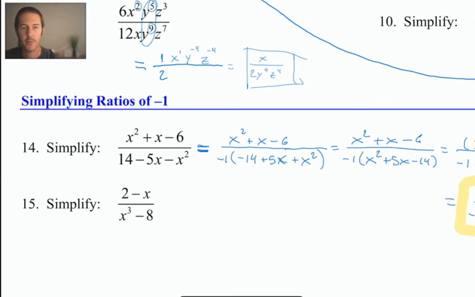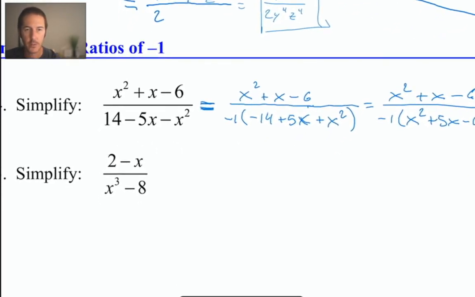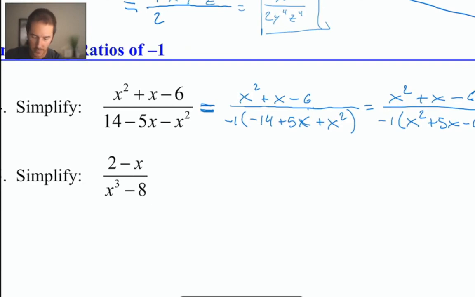The strategy in number 15 is identical. In the numerator this time, I'm going to factor out a -1 so that we can change the order up there. So I'll write negative x minus 2. Now I didn't talk my way through that switch in the numerator that I made, so let's have a look at it now.